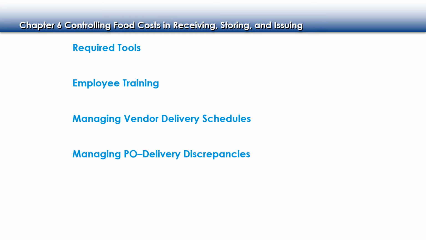The other thing is any kind of discrepancies between the purchase order and what actually is delivered needs to be handled. And so that's where training also comes in, so that the person knows what they're looking for and what to compare that list to.